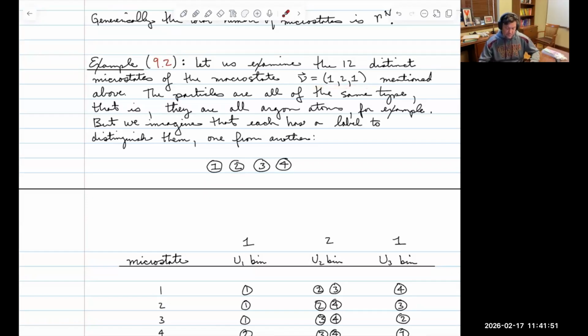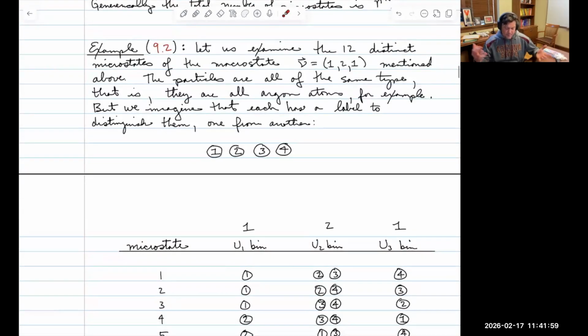Now we're going to assume that the particles are distinguishable in some way, but otherwise they're identical. Let's suppose, for example, we have all atoms of the same type, let's say argon atoms. And we're going to distinguish them by imagining there are little tags or labels on each one of these four particles.